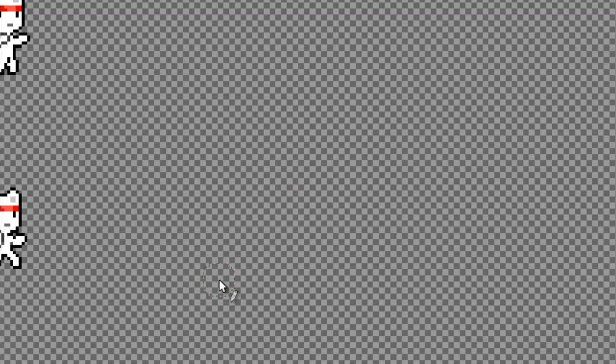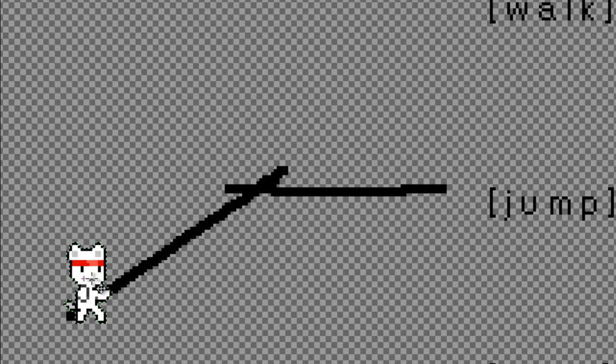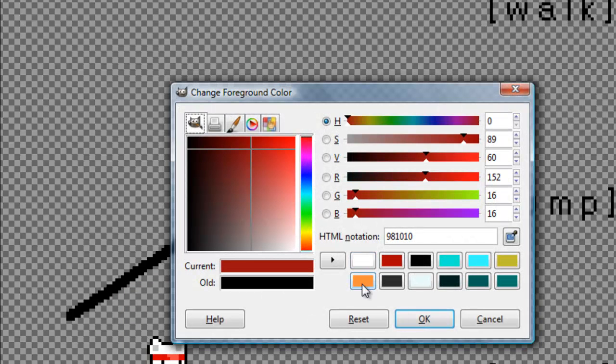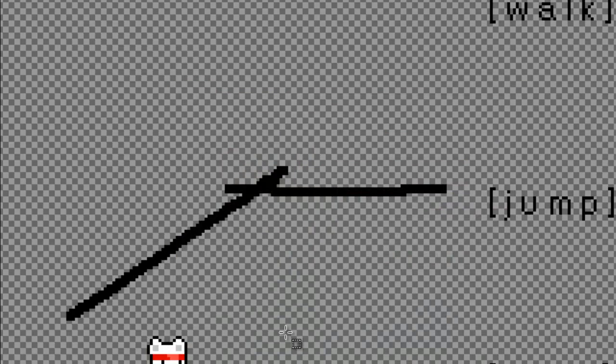Say we have a slope over here, and then we have a platform right over here. Let's take our cat. Because of that offset, our detection for slopes is somewhere over here, plus 50.